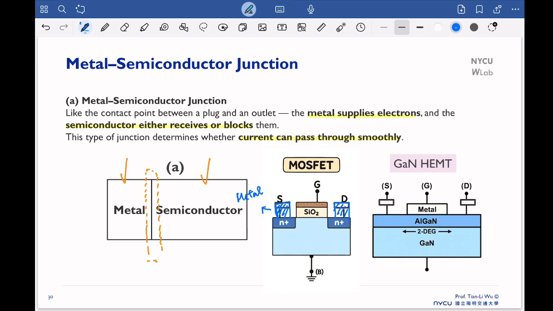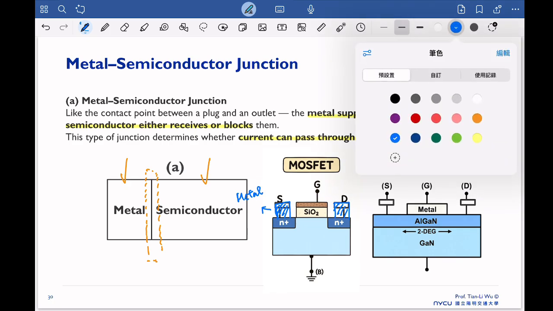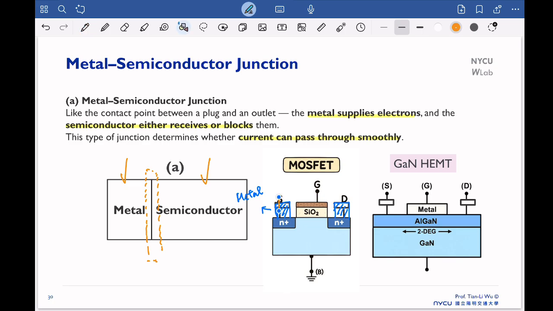The metal and semiconductor contact is exactly in this region. So this is metal and this is semiconductor, and this junction is the metal semiconductor junction. The bottom is a semiconductor. Sorry, this should be the metal here.